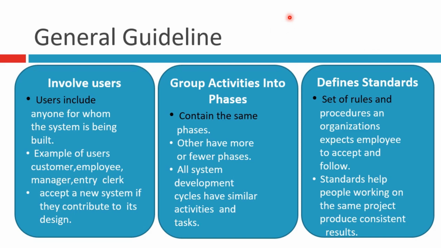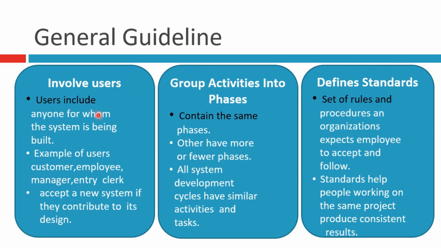Basically, there are 3 guidelines of SDLC before and even during the ongoing process of the development itself, which are: involve the user, group each activity into phases, and make sure you define the standard. So what do these 3 guidelines mean? First, user.